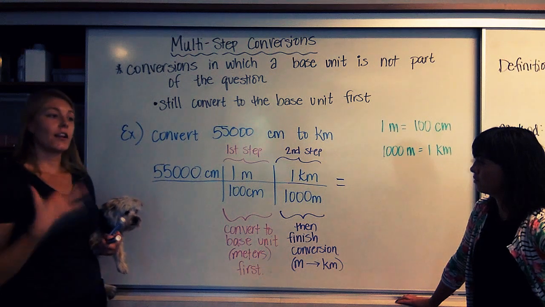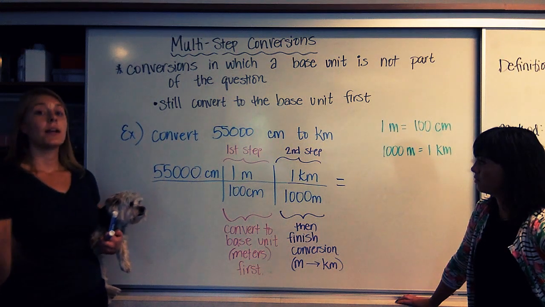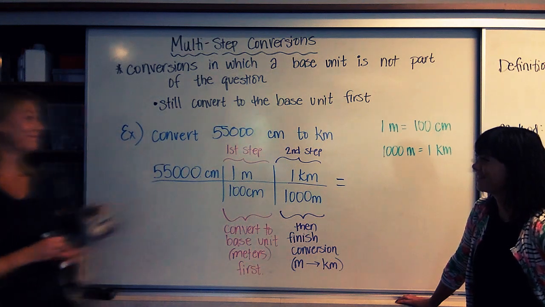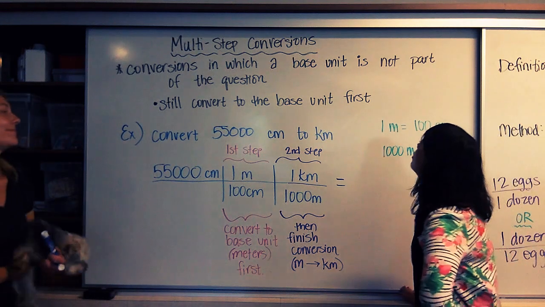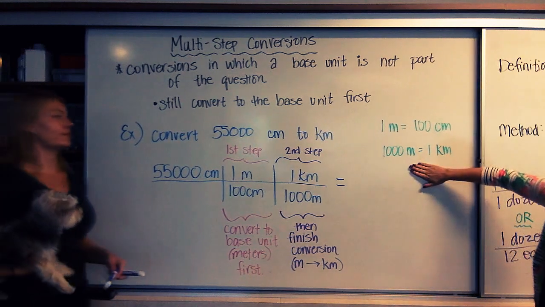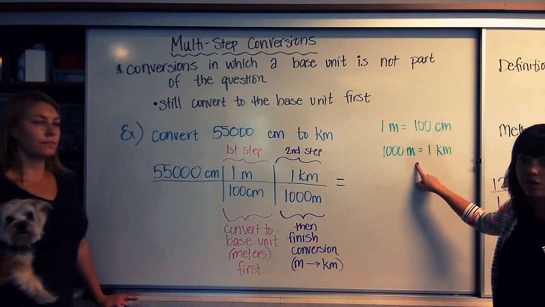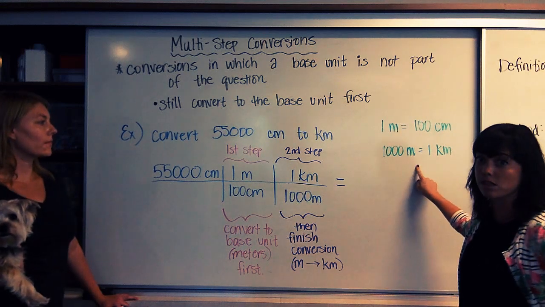To make this easier and to use our mnemonic that we showed you, it's a lot easier if you convert to the base unit first. Okay. So, because we don't have our King Henry died by drinking chocolate milk over here, we went ahead and gave you the 2 equivalency statements that you have to use for this example.